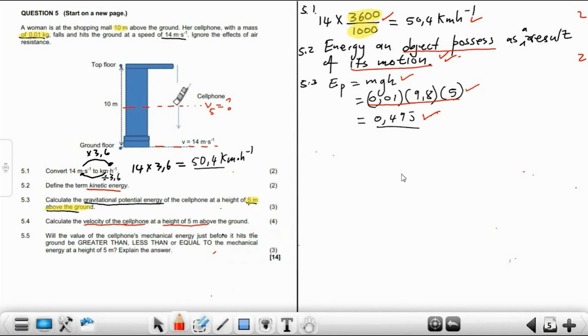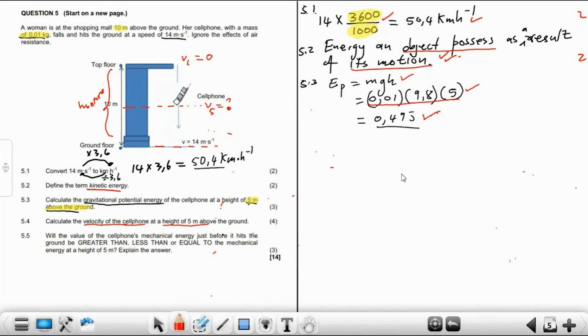So what do we have? We know that it was dropped, so V initial will be 0 at the top. We also know that our height before was 10 meters, so this is H before, and we have everything there.